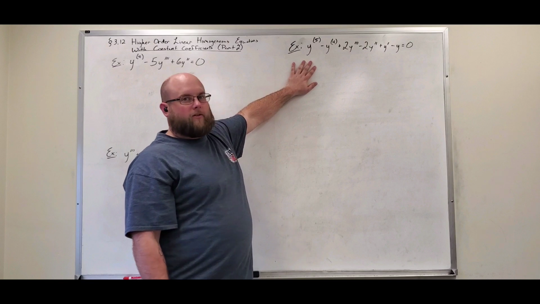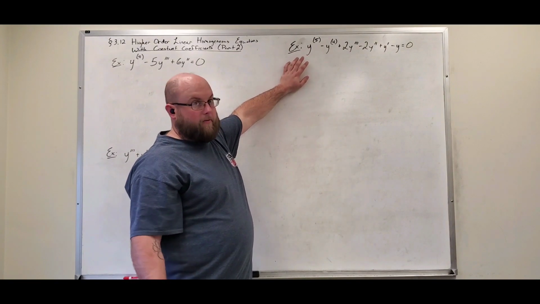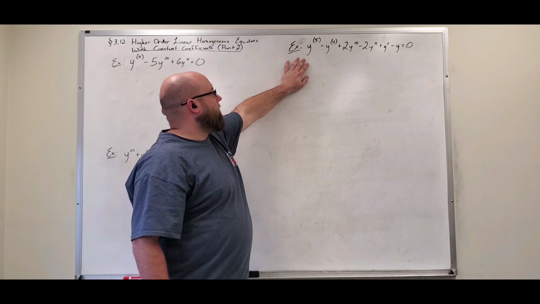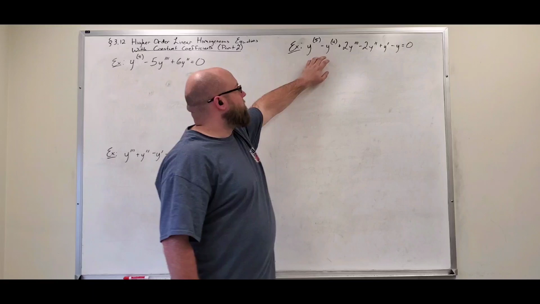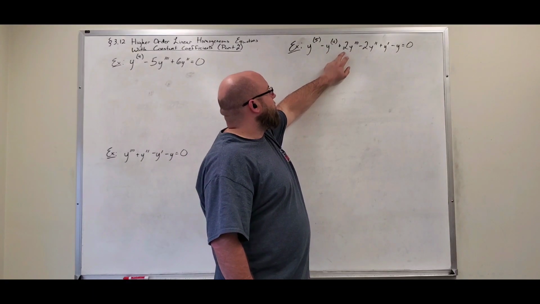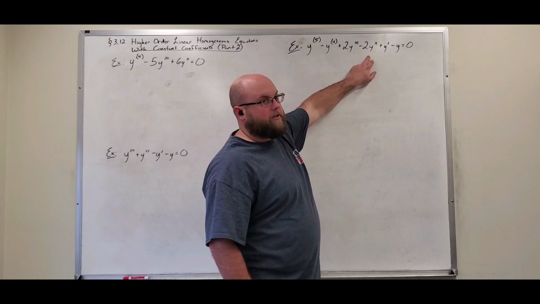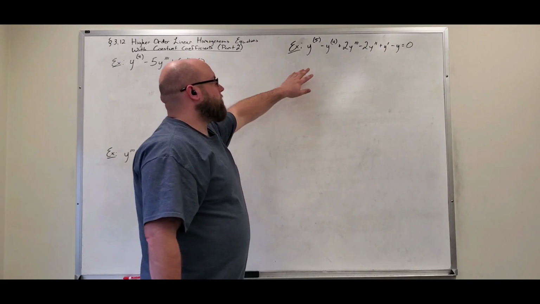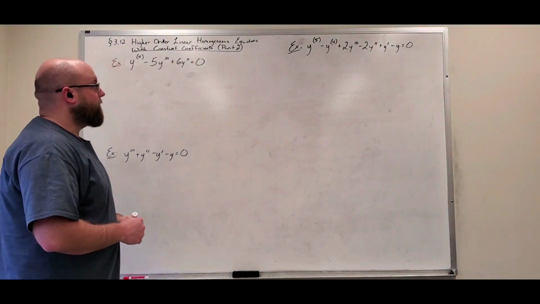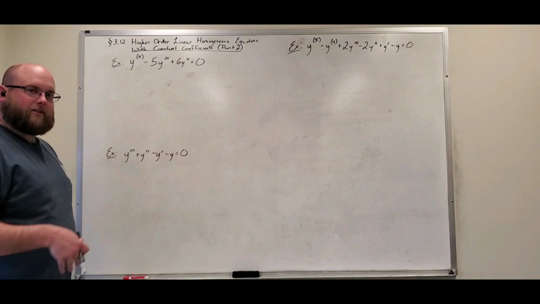And our last one, which is going to be a fun one for us, and notice I left a lot of space, so I would do the same thing for you guys, is a 5th order: y to the 5th derivative minus y to the 4th derivative plus 2y triple prime minus 2y double prime plus y prime minus y. And we're going to talk about this one a little bit more in depth.